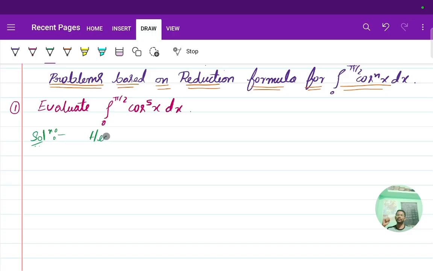Here, when we compare these two terms, integration over 0 to pi by 2 cos power nx dx and integration over 0 to pi by 2 cos power 5x dx, here n is equal to 5, which is an odd integer.